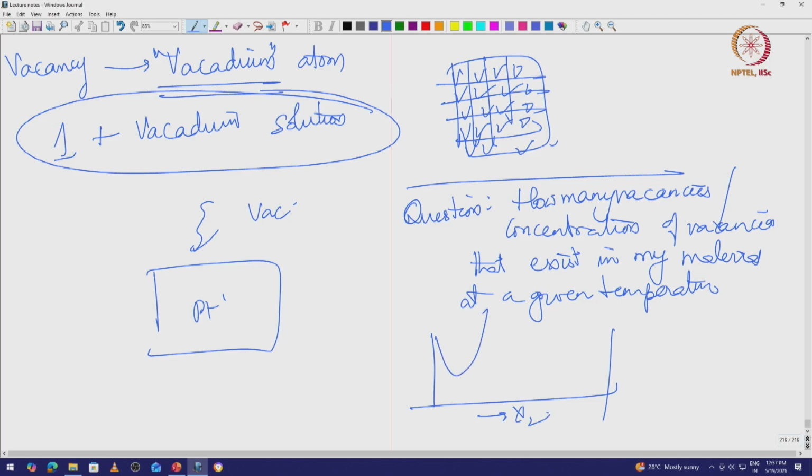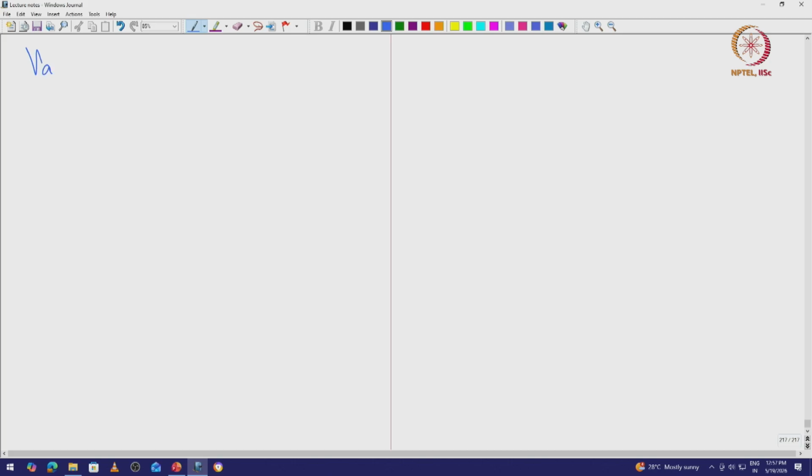So I have an alpha phase, which is FCC platinum, let us say. And then I have a beta phase, and this beta phase is a vacancy rich phase, or a lattice of Vacadia. It can be vacuum, which is a lattice of Vacadia. Okay. So that is the beta phase.